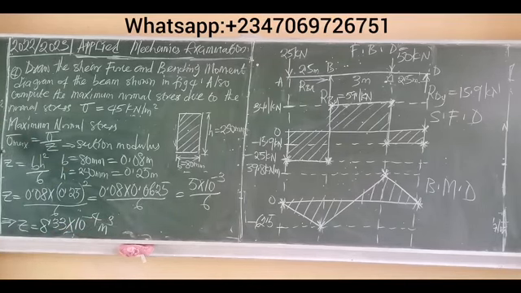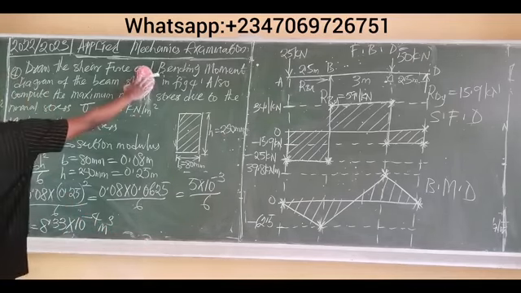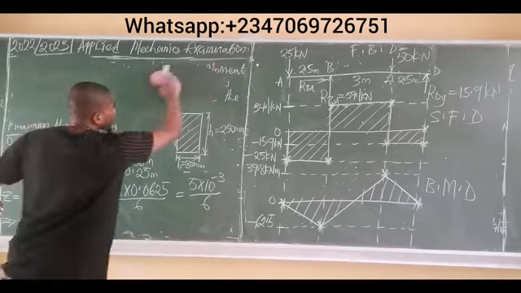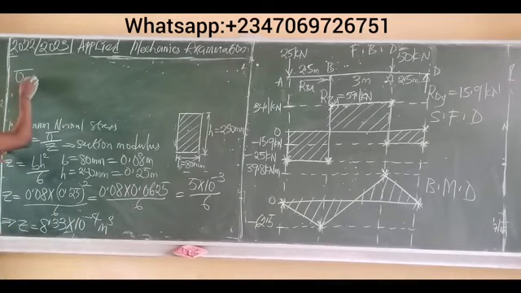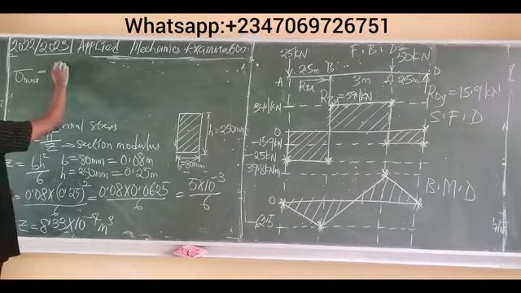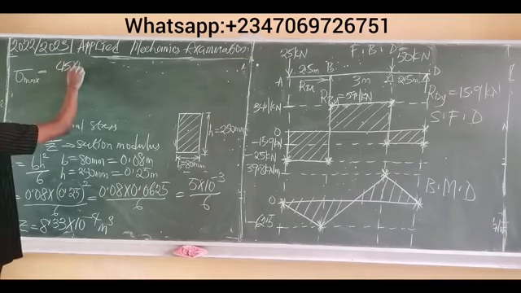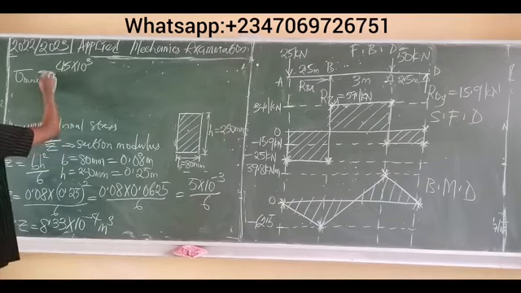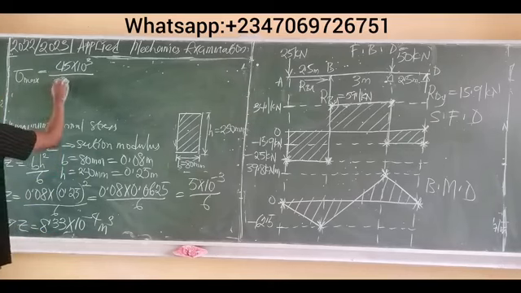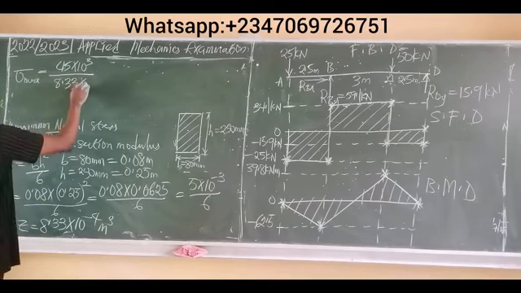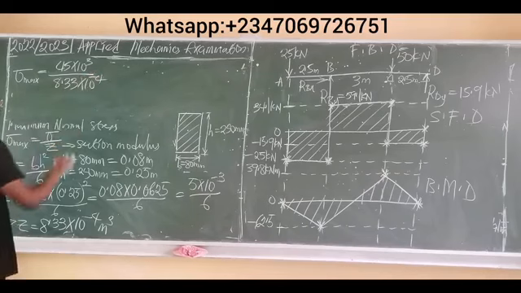Then we simply plug it into this equation to obtain the value of the maximum stress. Sigma max is now equal to, remember, the value of sigma was given as 45 kilonewtons, which is the normal stress. 45 by 10 to the power of 3, kilo means by 10 to the power of 3, all over the section modulus, which gave us 8.33 by 10 to the power of minus 4.